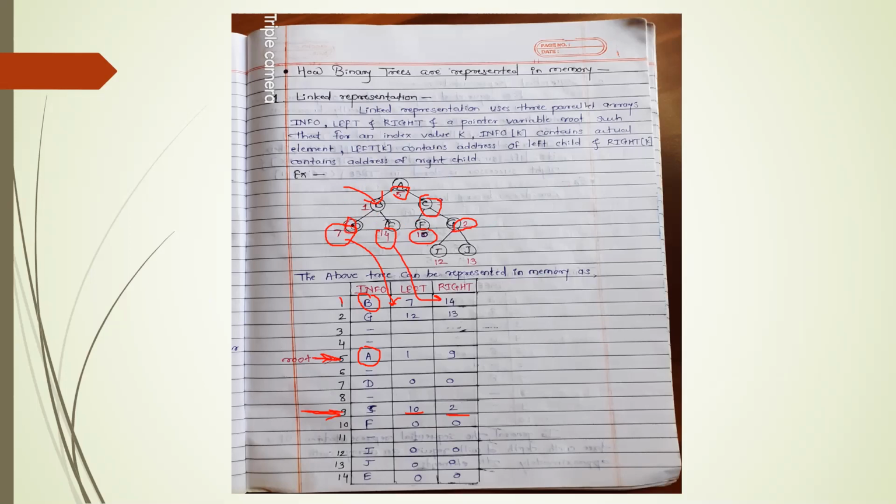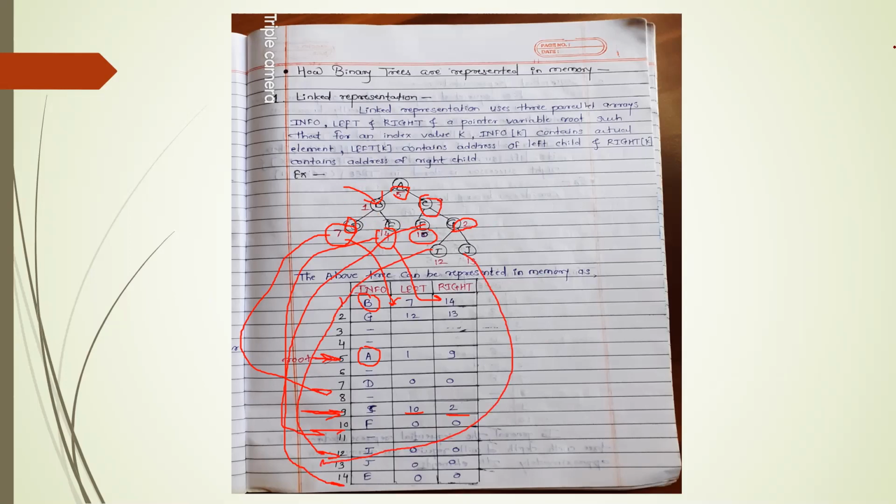Next is D, E, F, G, all stored according to their positions. E is stored at 14, F is stored at 10, J is stored at 12 and it is 13.